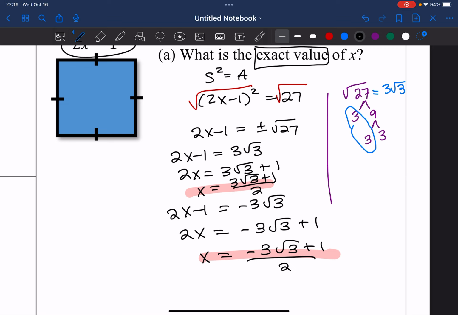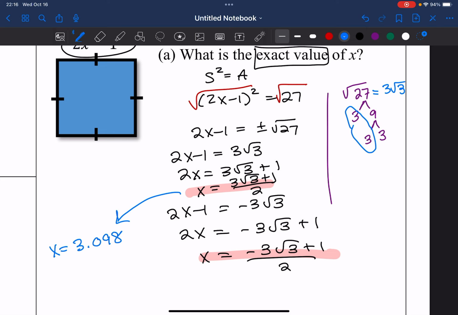So I have 3 square roots times 3, plus 1, divided by 2.